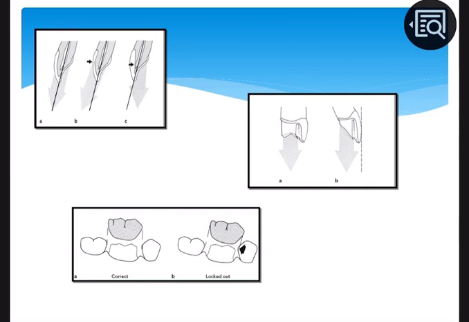In the second picture B, this is an anterior tooth, again prepared for a partial coverage crown. In this, the path of insertion is parallel to the incisal one half of the tooth structure.